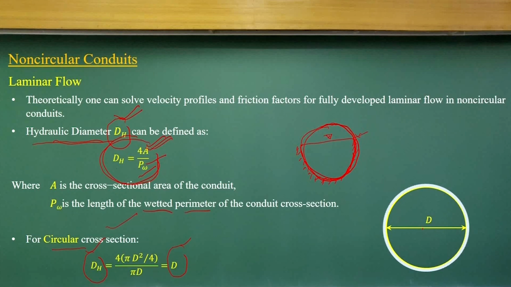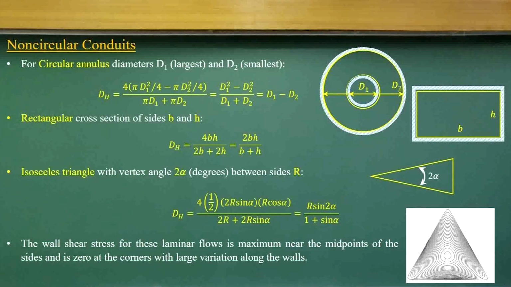Now, come back to the non-circular conduit, like you may have a condition where you have flow only through these ones. That is called a circular annulus. You have D1, D2 and you have flow through these ones. So, you can easily find out what will be the flow area and what will be the wetted perimeter for both cases.